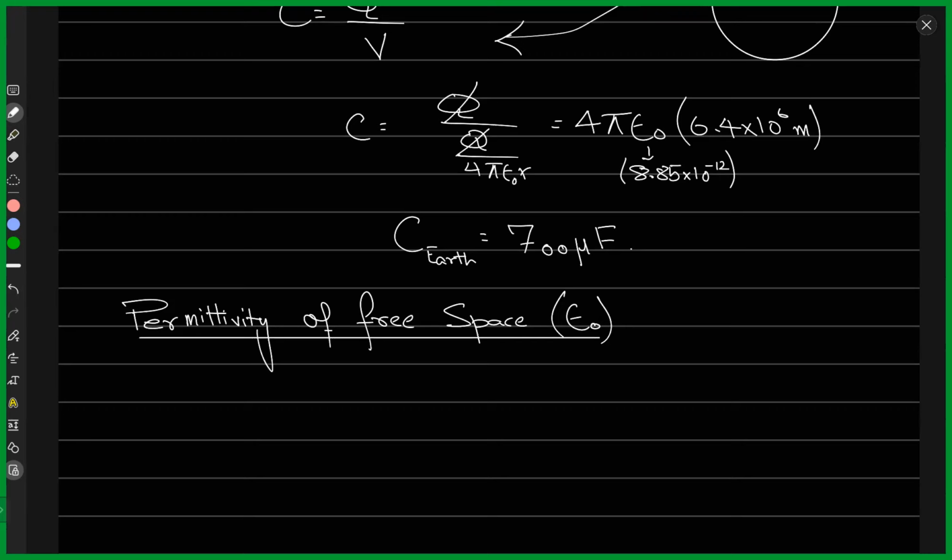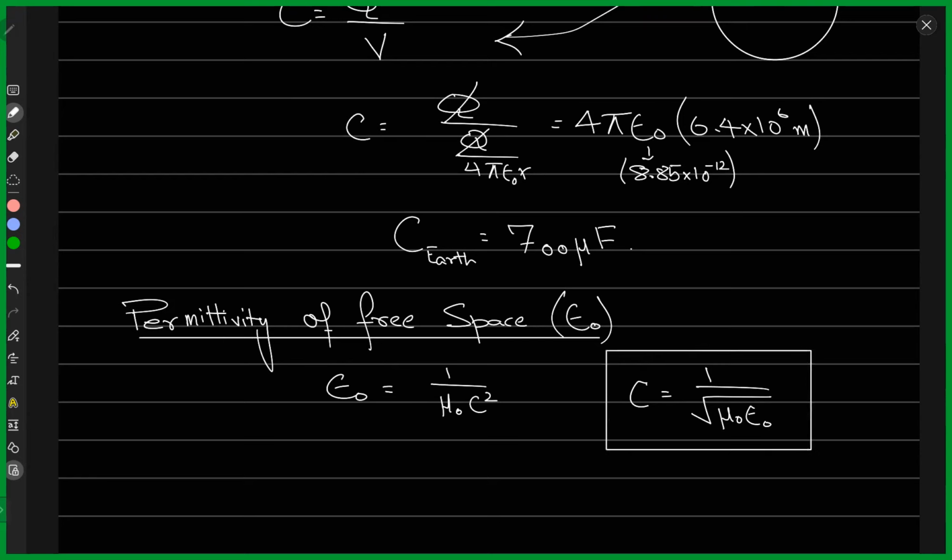And mathematically, epsilon naught is 1 over mu naught c squared. Essentially, the speed of light c is 1 over the square root of mu naught epsilon naught, right? Epsilon naught and mu naught define the speed of light. Mu naught is just a constant that comes from magnetism, so you don't have to go into its detail, and epsilon naught is the permittivity of free space.